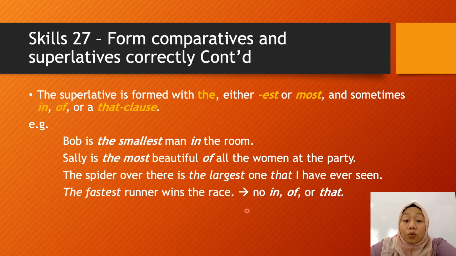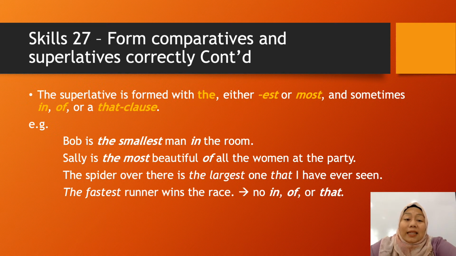So you can also have a sentence which conveys superlative without any additional in, of, or that clause. Okay, so this one, the fastest runner, uses suffix est, and then followed by the noun. Yeah? The fastest runner wins the race.